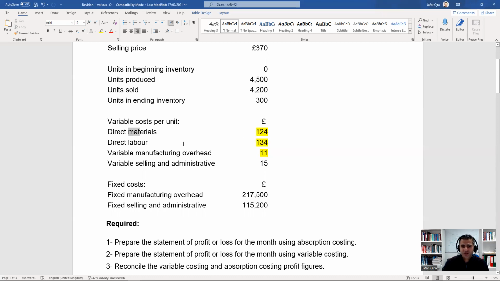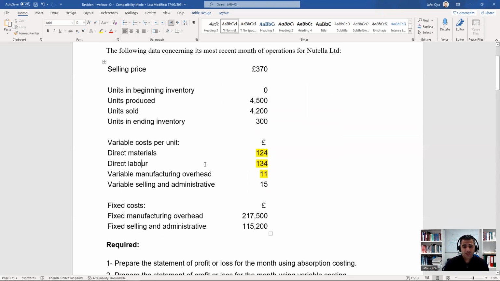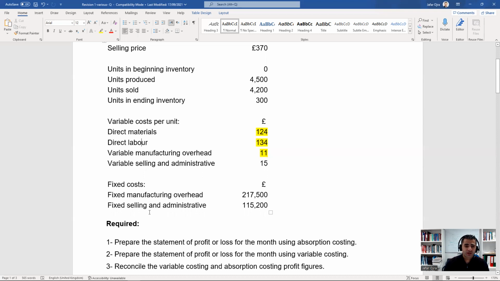So, what's next really? We have the direct material, direct labor, and variable manufacturing overhead. So what's left? We need to find out the fixed production overhead per unit. The question tells you the fixed production overhead, but you need to find out the fixed cost per unit.